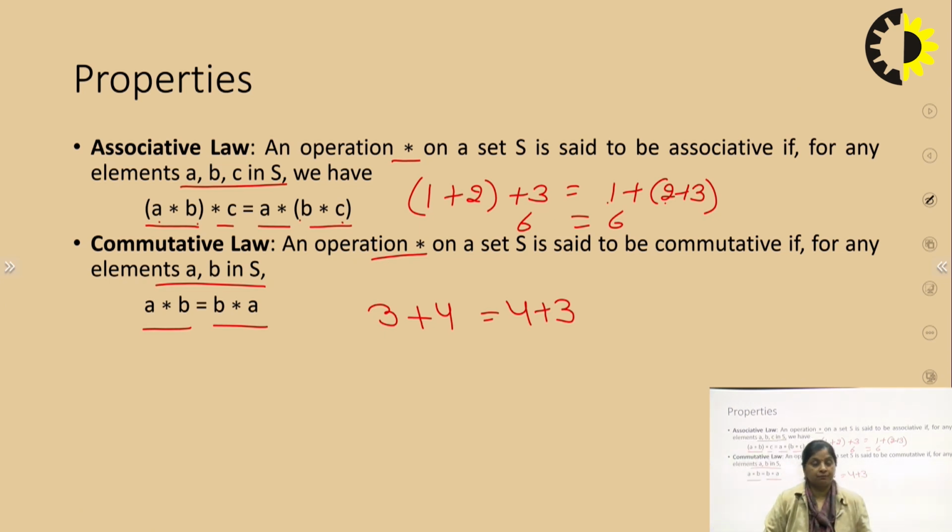So for the set of positive integers, if we define addition, we can add in any manner, a plus b or b plus a. That is commutative law. So these are the two properties we have studied here, associative and commutative.